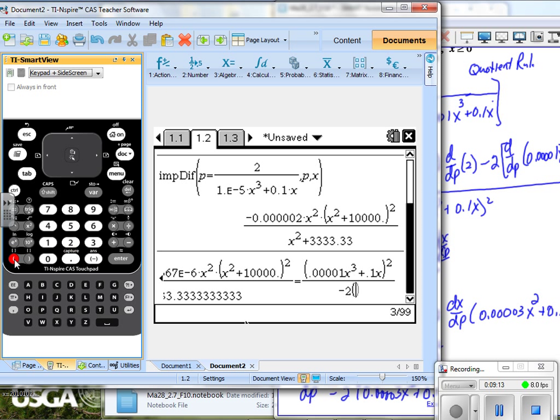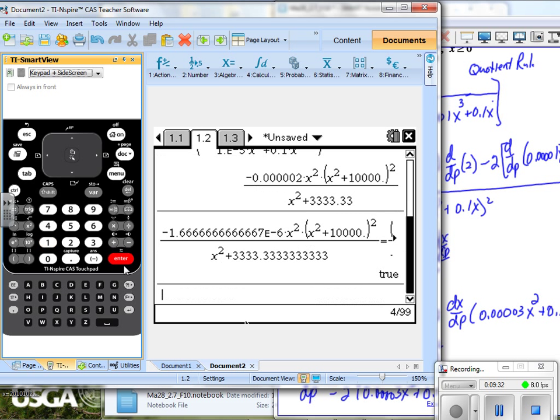I need a parenthesis. Okay, I need 4 zeros, I believe, and a 3. X squared. Okay. Plus, was it 1/10?